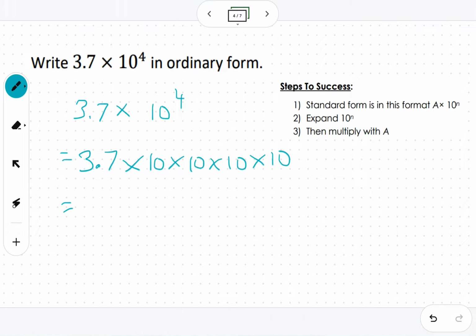If you are good with the expanding, you don't need to do this anymore. You can just straight away write 1, 2, 3, 4. So then 3.7 times 10,000. Remember, you can just move the decimal point, 1, 2, 3, 4. So that's the final answer.